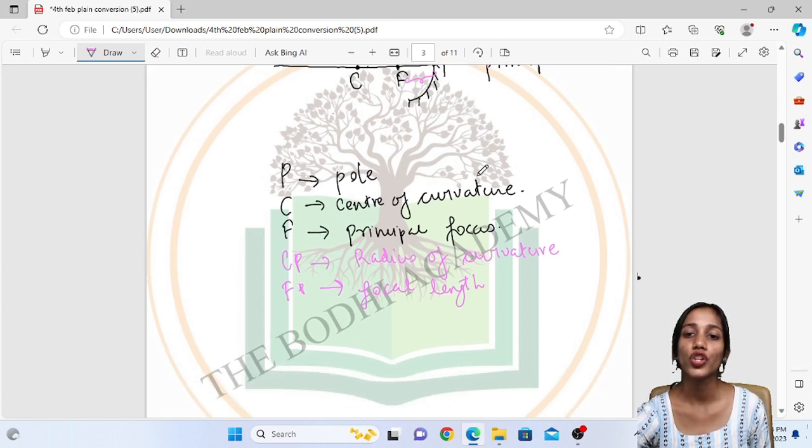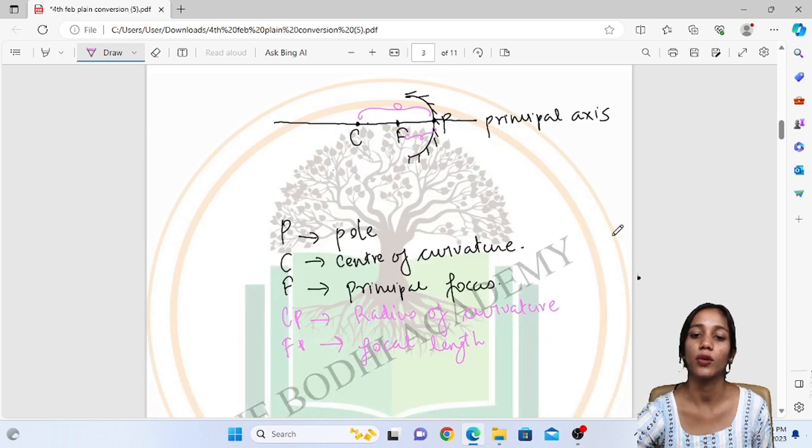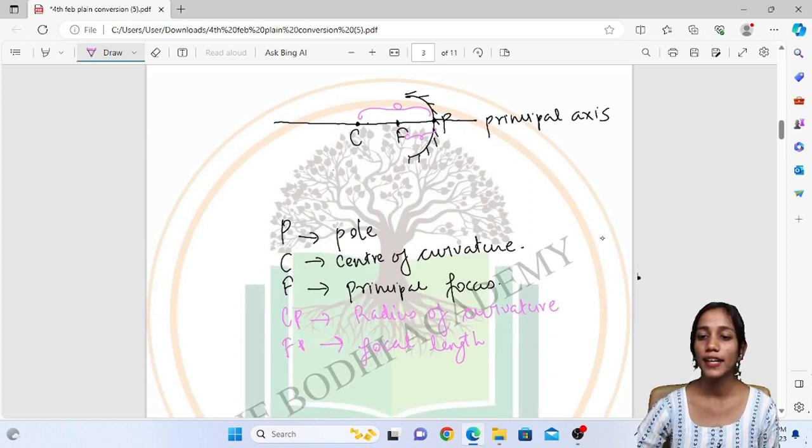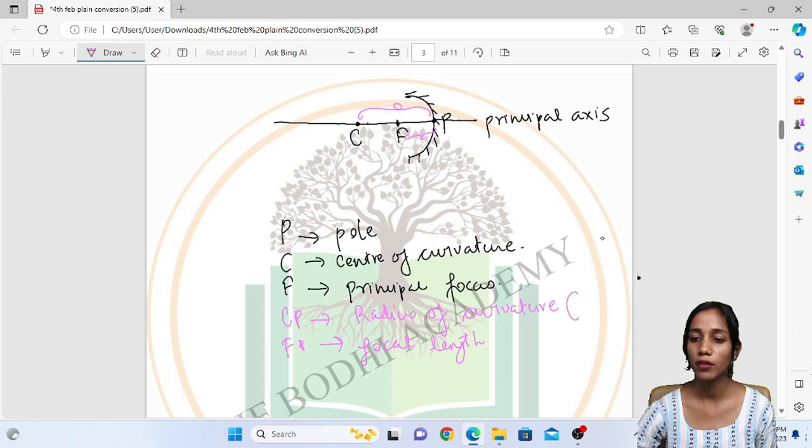So you can deduce a formula. The radius of curvature is given by the capital letter R, and focal length is given by the small letter f.